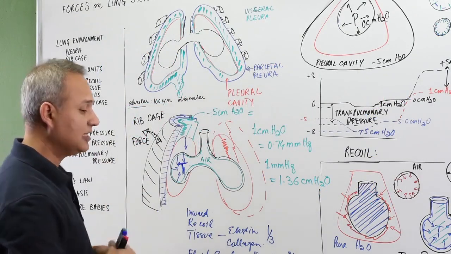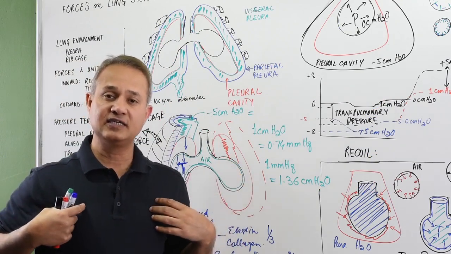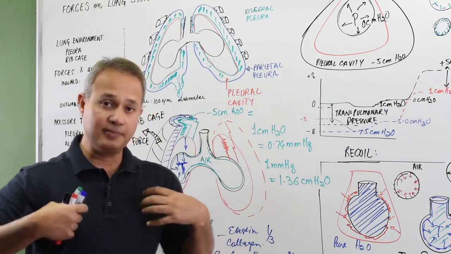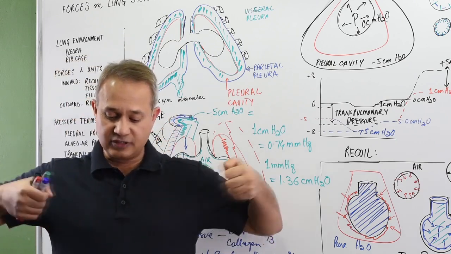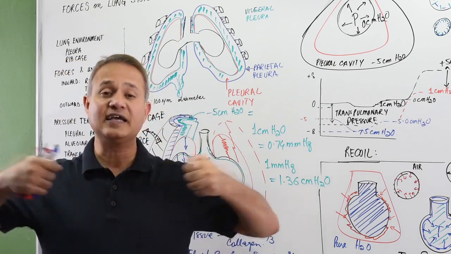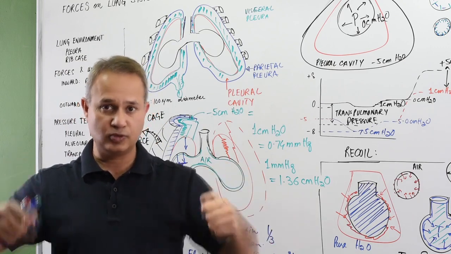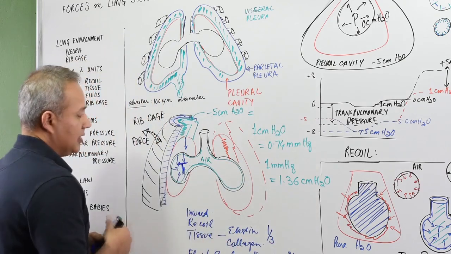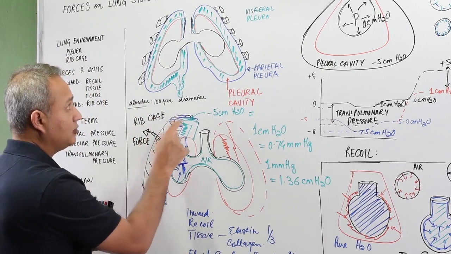The forces are basically two. One is the outward force, and that is given by the chest cage or the rib cage. The rib cage, through the parietal pleura, is kind of expanding, and that springing out of the rib cage causes the lungs to be pulled out as well. Between the lungs and the outward force is the pleural cavity.